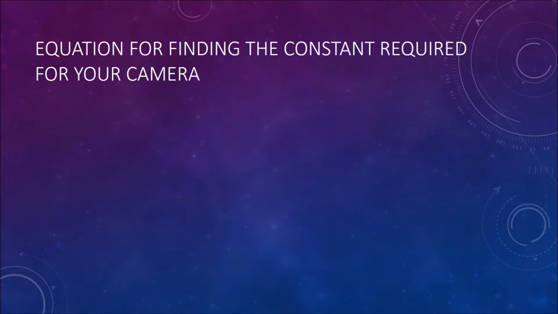Now the equation I use for finding the constant is this one. C, your constant, is equal to the size in centimeters times the magnification divided by the number of pixels times the distance between your observer and object in meters.